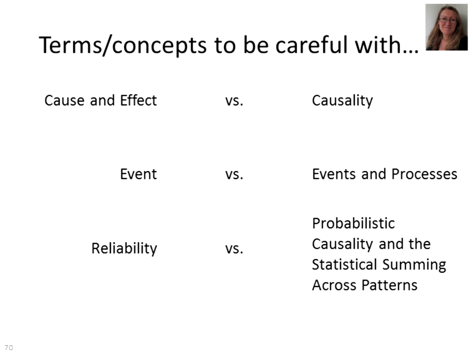And the last one has to do with, as you get up into the middle school and high school grades, and you're reasoning about probabilistic causality and this statistical summing across patterns, this can create confusion for students about the role of reliability. We spent a year looking at how students thought about probabilistic causation in kindergarten, second grade, fourth grade, and sixth grade.